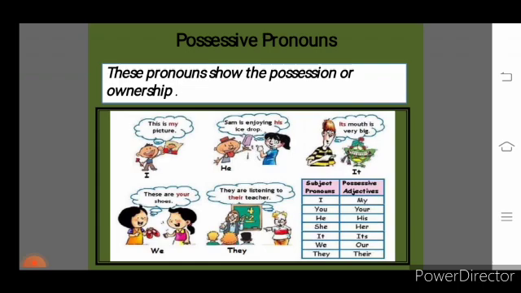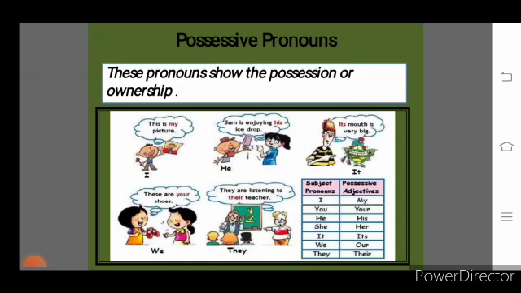So the next is, she is enjoying his eyes drop. Sam is enjoying his eyes drop. Its mouth is very big. These are your shoes. They are listening to their teacher.